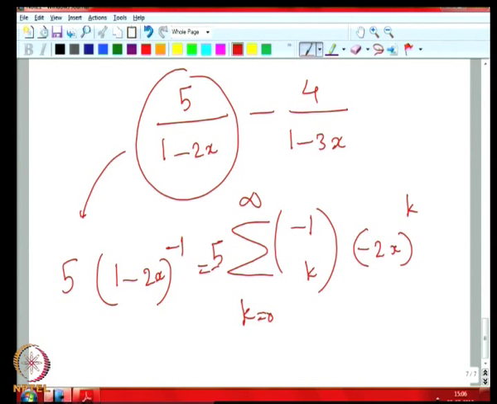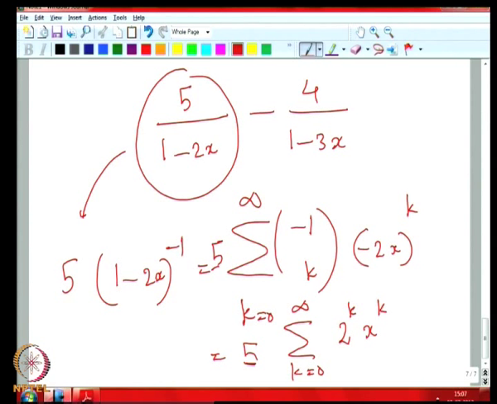Similarly for the other thing we can simplify. Of course, we know this is 5 into, this minus 1 choose k, if you remember, that is just 1 times minus 1 raised to k. This will just become sigma k equal to 0 to infinity, 2 to the power k into x raised to k.